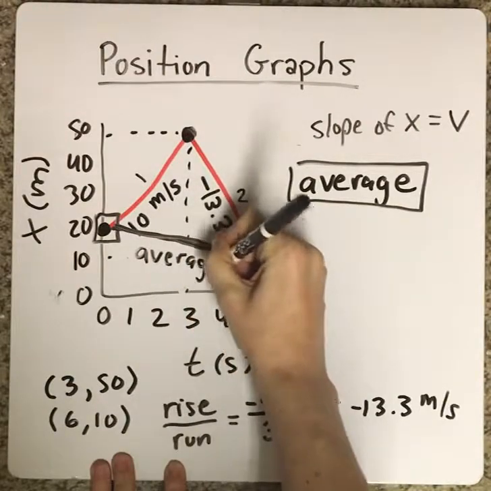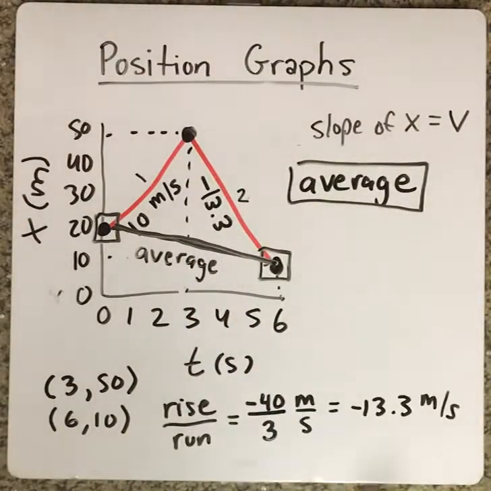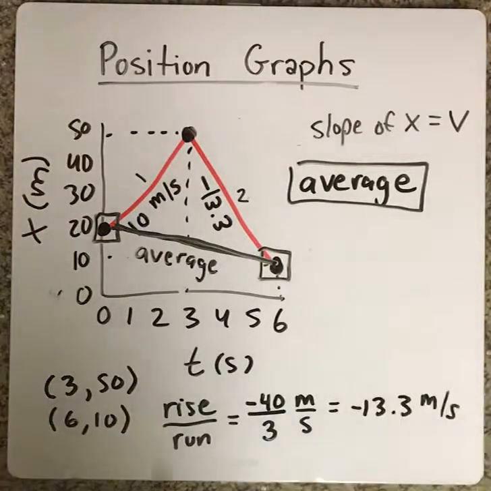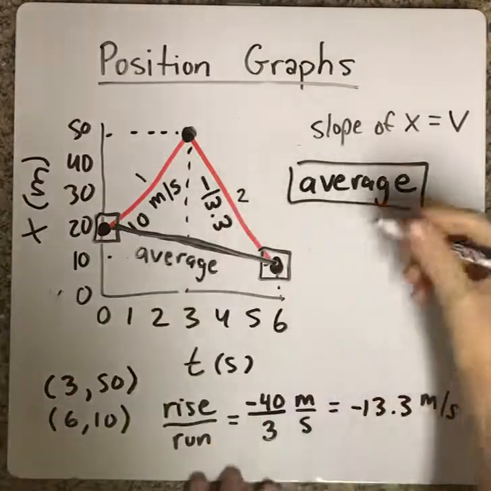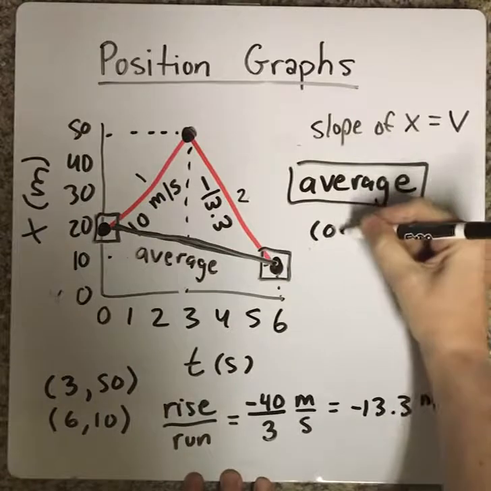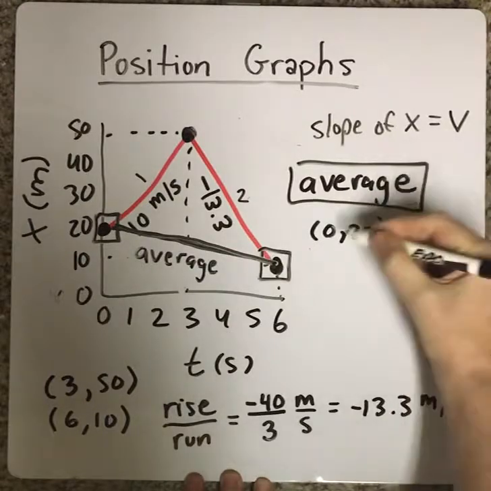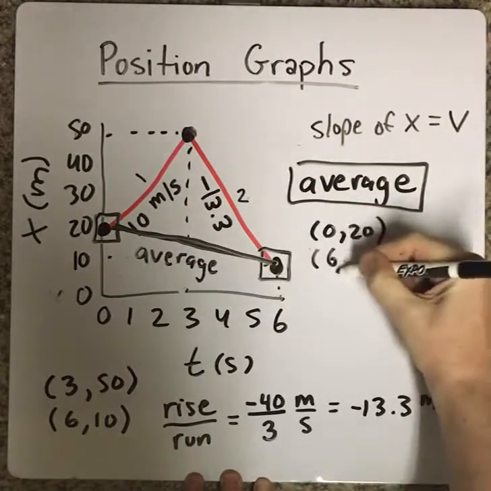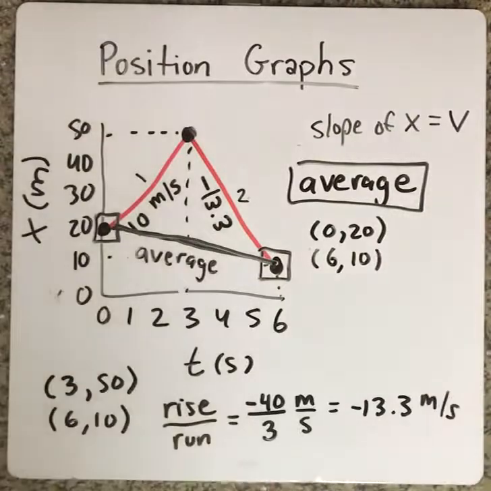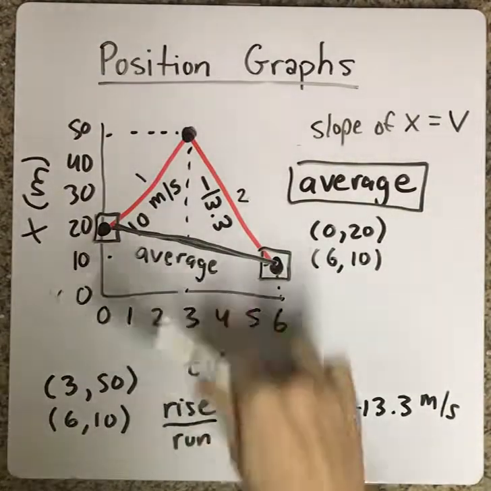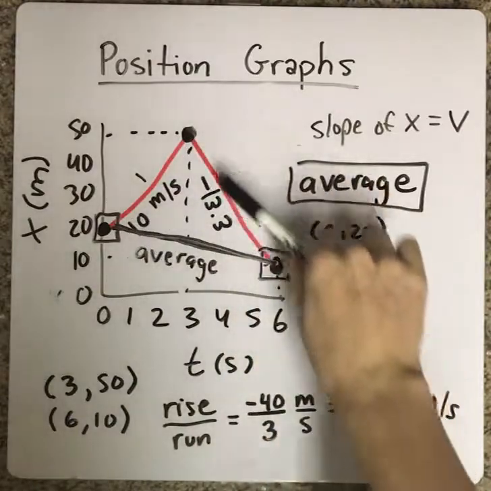And we can calculate a number for the average the same way we do the other slopes. So notice the average started at 0, 20 and it ended at 6, 10. So this is the overall graph, ignoring the actual red path, which is what really happened.